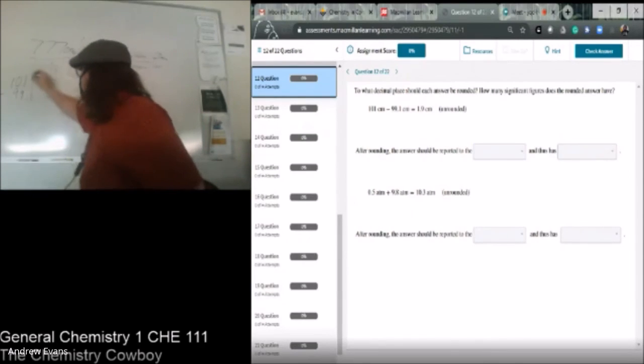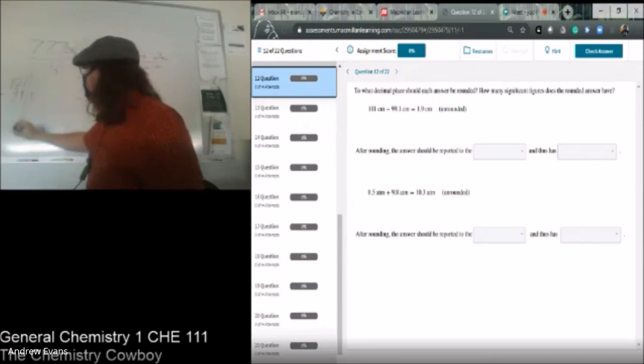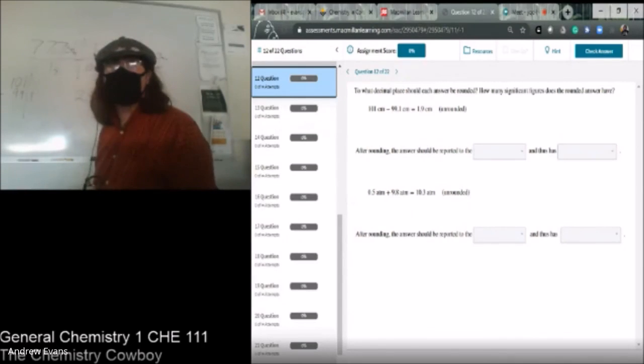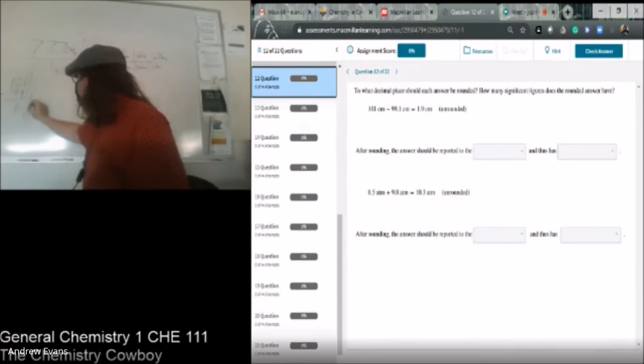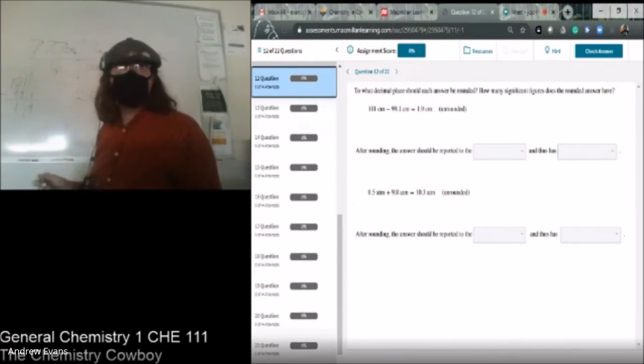Setting that up, 101 ends at the 1. We don't know what the decimal is at 101. Because that is unknown, we keep only the location. Even though it says 1.9 is the result, we have to round that to 2.